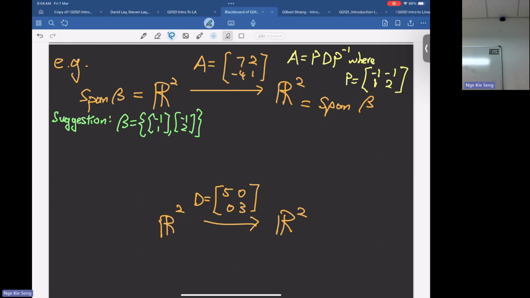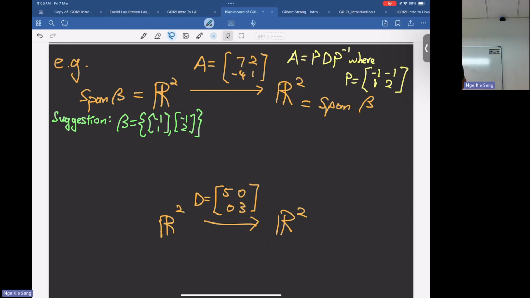So why can you find a pivot in every column? Why is the determinant not equal to 0? Not all matrices have nonzero determinant, so why does P have a nonzero determinant? Correct, because P is invertible, because P inverse exists. That's why all these things are true.